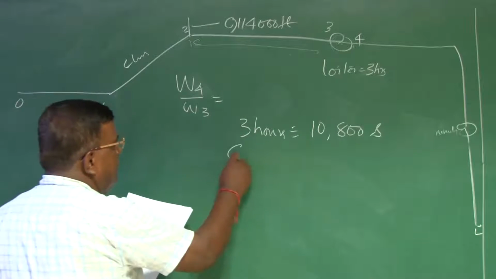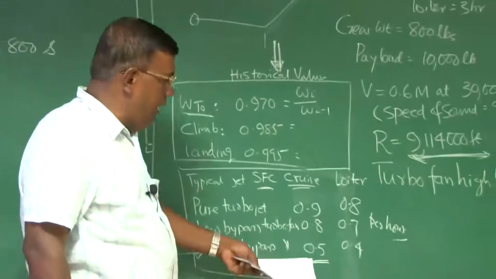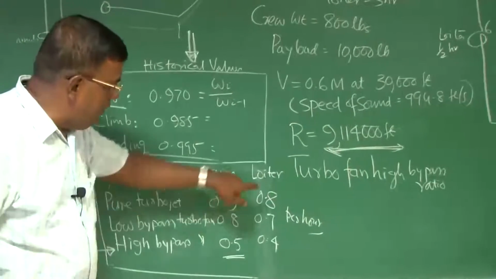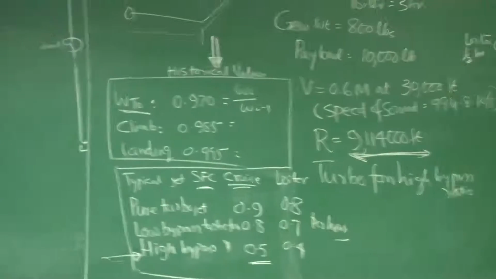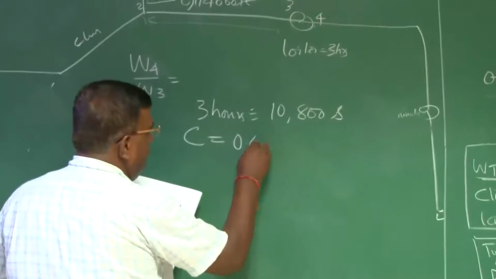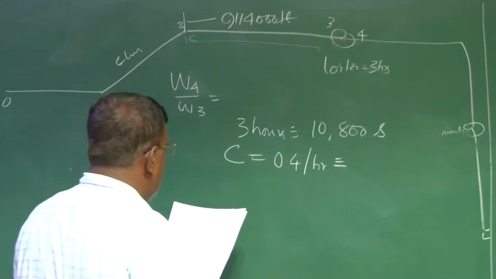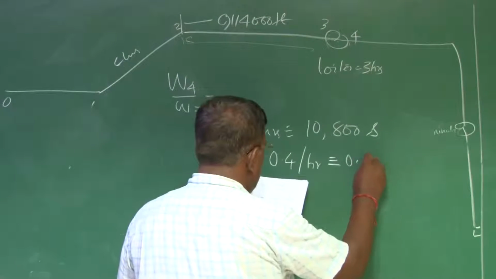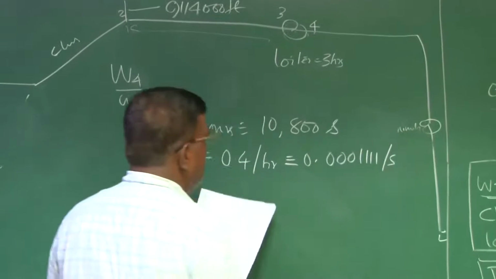And what value of C should I take? Since we are using a high bypass turbofan, you have seen for loiter, the historical value is 0.4, right? So we take C equal to 0.4. Of course, this is per hour. So to convert into per second, that will be 0.000111 per second.